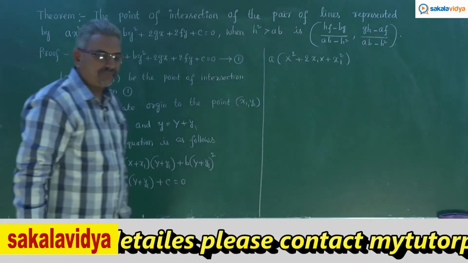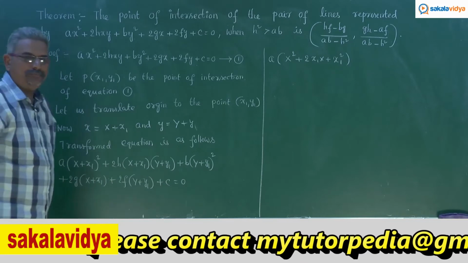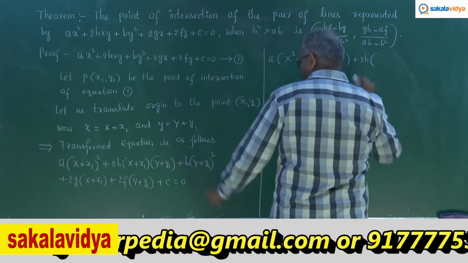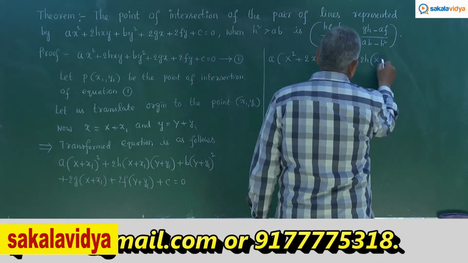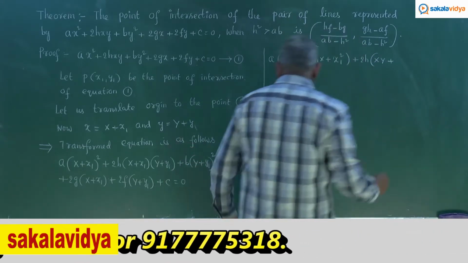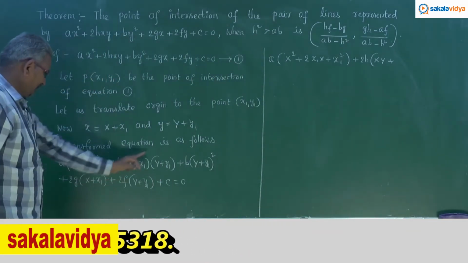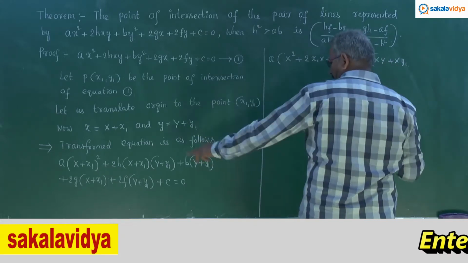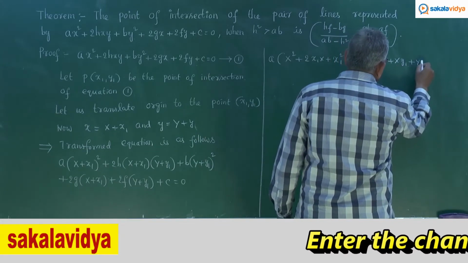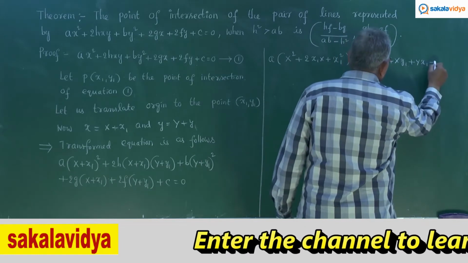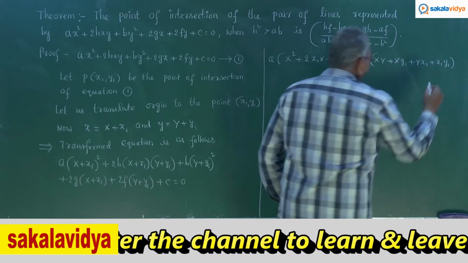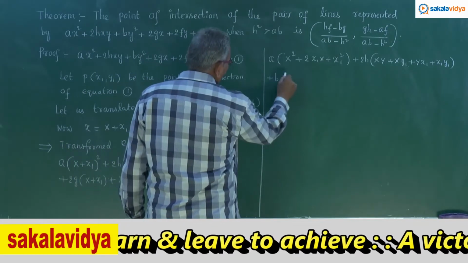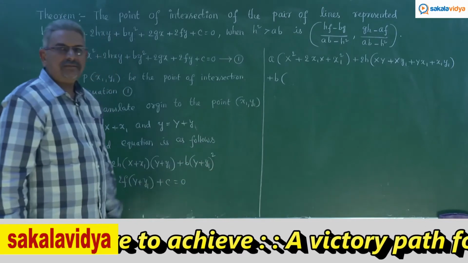Let us multiply these two now: plus 2h times capital X into capital Y, capital XY, plus capital X into y1, capital X y1, plus capital Y into x1, plus small x1 y1, plus b times capital Y plus y1 whole square.